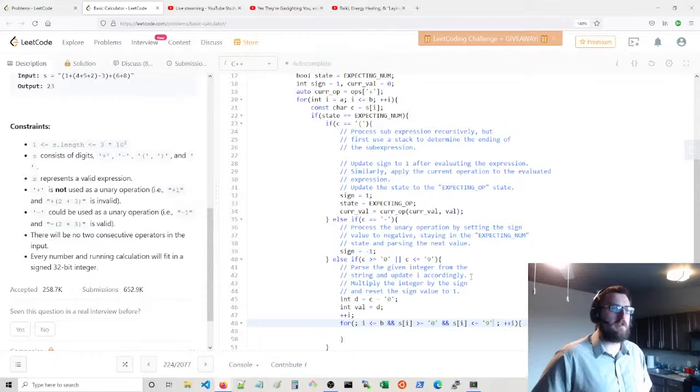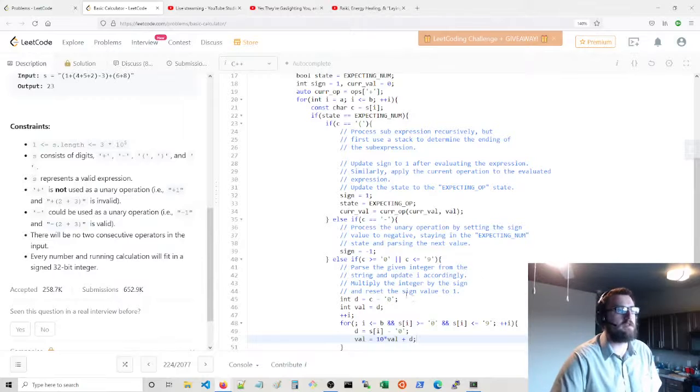So as long as it's a digit, then we say const int x is going to be S of I minus 0, or D, let's say. We could just say D. And then val equals 10 times val plus D.